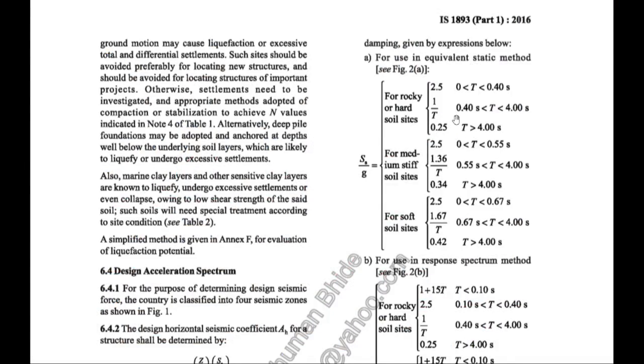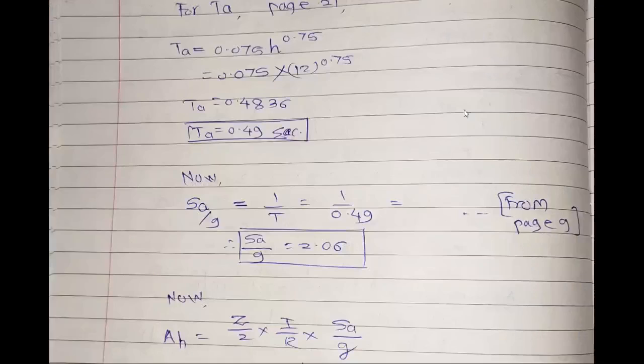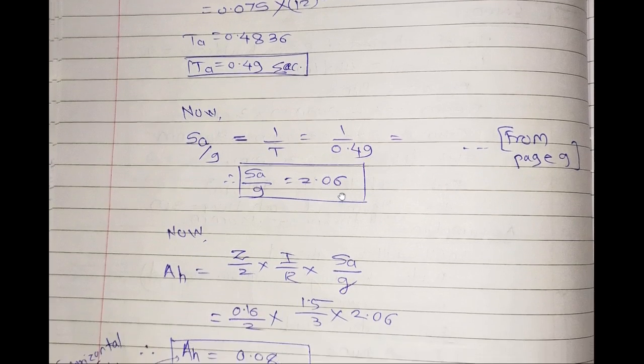So according to 0.49, we get the second condition, in which T lies between 0.4 second to 4 second. So our formula will be 1 by T. So SA by G will be equal to 1 by T. So we are just taking the reciprocal of this.